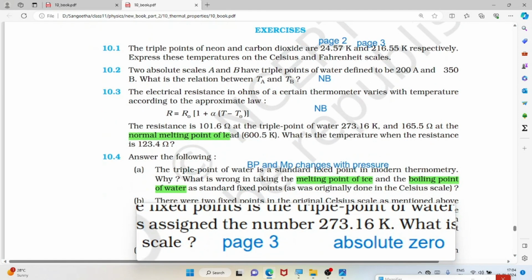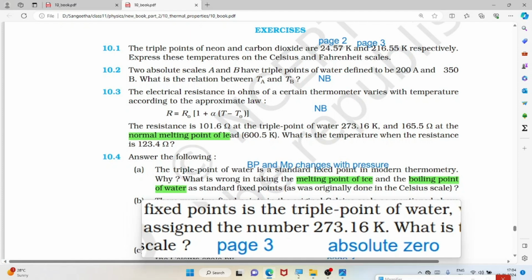Two absolute scales A and B have triple points 200A and 350B. Triple point is 273.16. They are two different scales. What is the relation between the triple point A and triple point B?